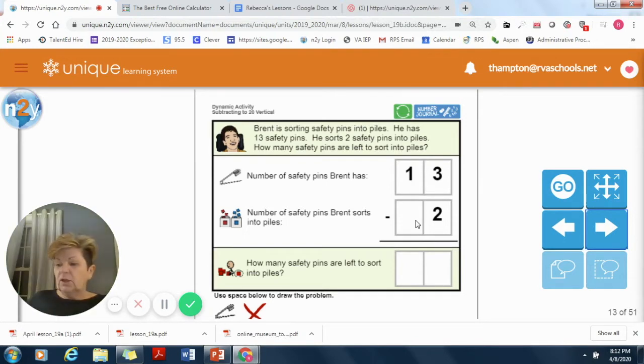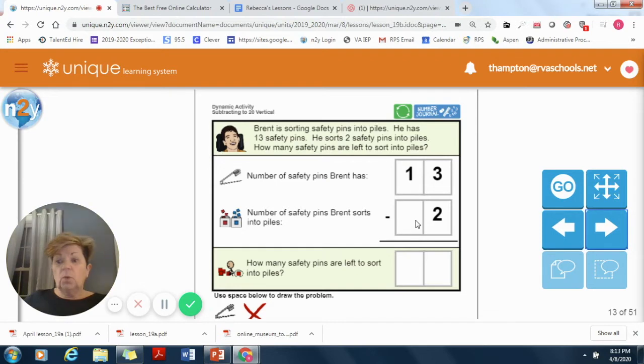Very good. So now let's look at some other strategies that we have on how we can subtract. Now you've done touch math before, and we know that we can do 3 dots on our 3, right? But if we're subtracting, we don't need to put dots on our 2 because we're just going to mark off on our 3. Okay? So 3 minus 2, and if we take 2 of our dots away, how many dots do we have left?